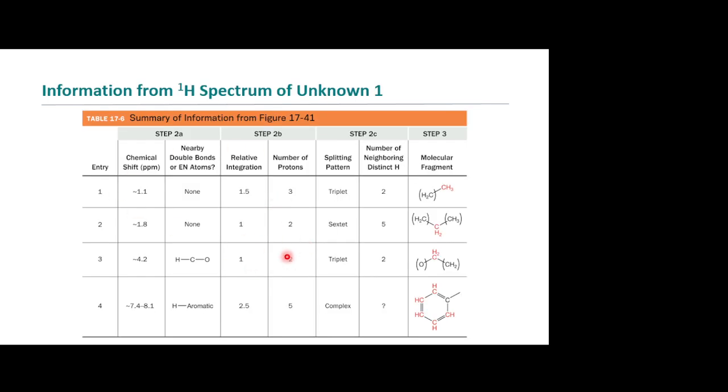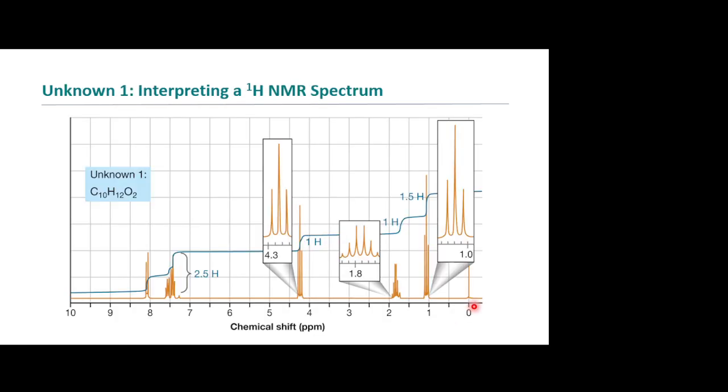Okay. And so the next thing you would do is you go to your splitting patterns, and you'd see how many hydrogens they have next to them, don't they? Okay, so for example, this right here has 5 neighboring hydrogens because it is a sextet. So there's 5 hydrogens around it, which would have to be your CH3 and CH2. These ones right here are very complex, and so you would just ignore that because you can't really resolve it.